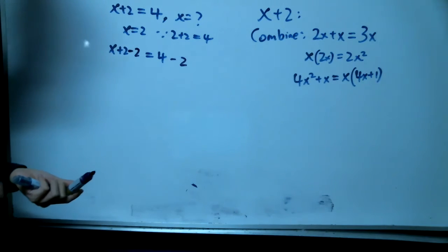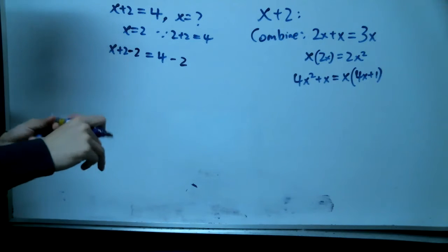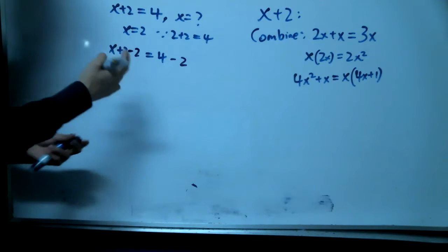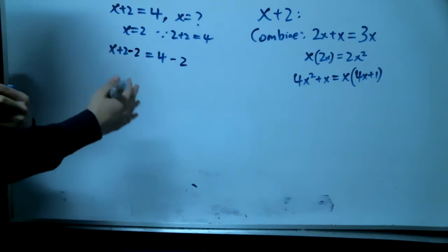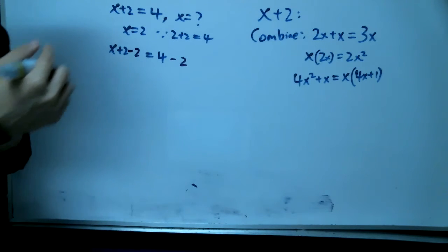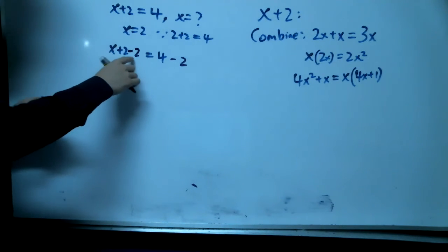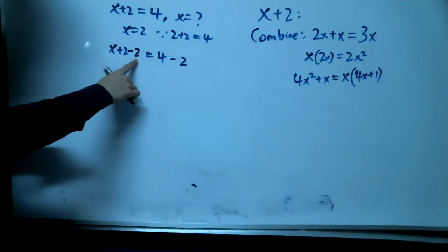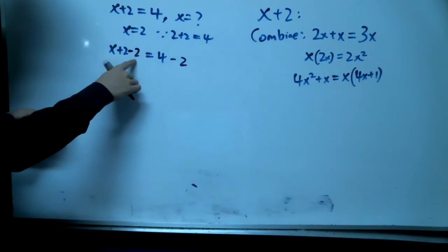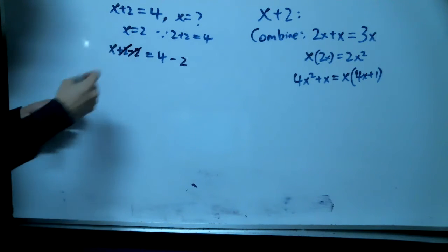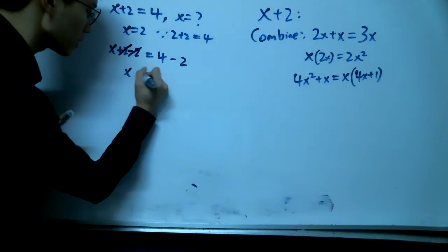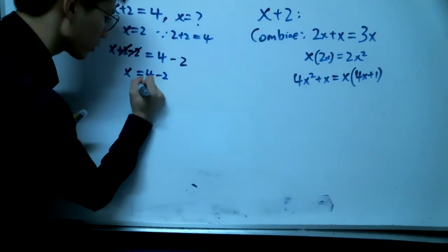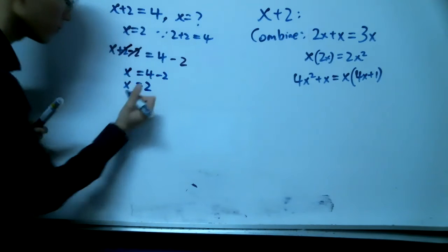How do we get rid of plus 2? We do that by doing the opposite of plus, and the opposite of plus is minus. So by subtracting 2 from both sides, this plus 2 and this minus 2 will cancel each other out. Which means I get back x equals 4 minus 2, which gives me x equals 2.